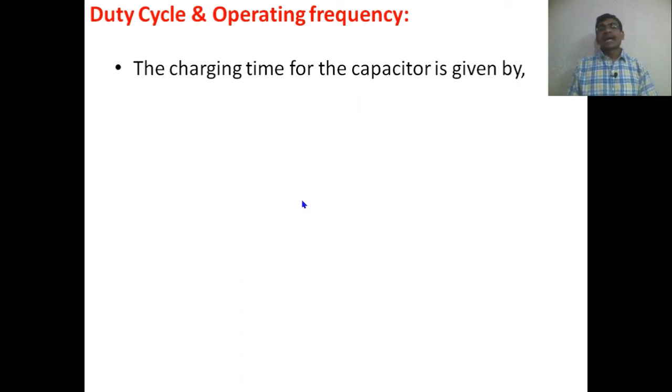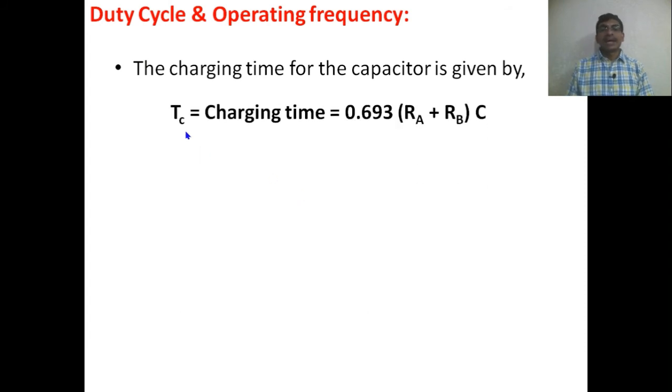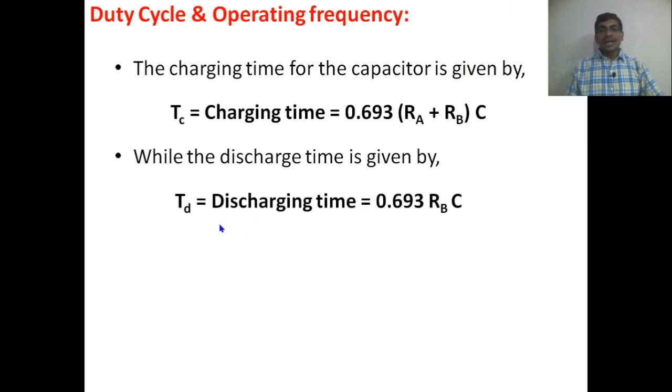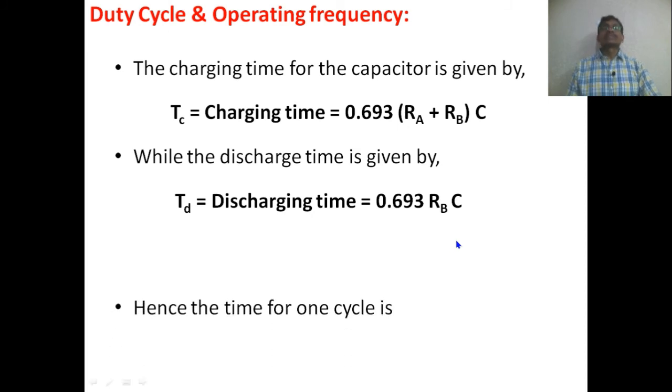The charging time for the capacitor is Tc equal to 0.693 into (Ra plus Rb) into C, while the discharging time is Td equal to 0.693 into Rb into C.